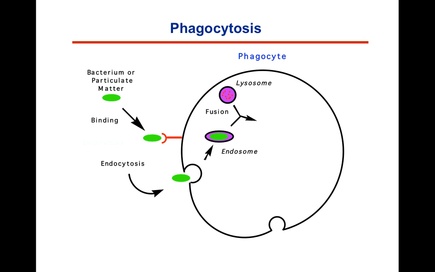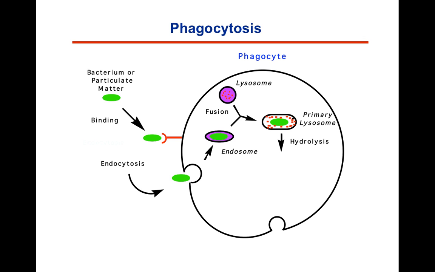These cells contain membrane-bound vesicles called lysosomes that contain enzymes that produce destructive chemicals, as well as enzymes that can just go after and destroy bacteria.